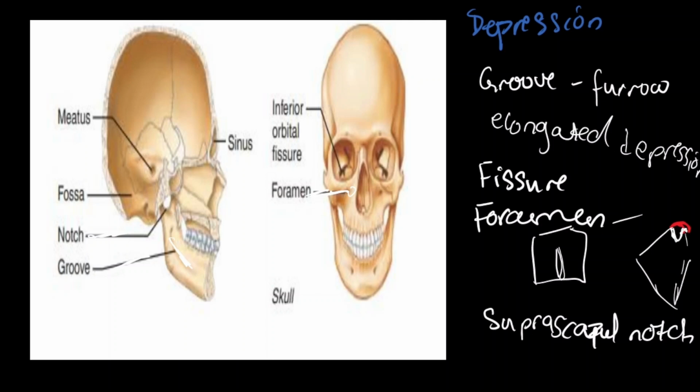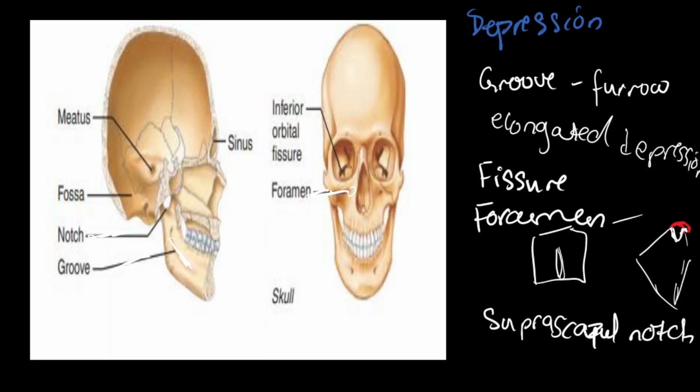There are other depressions apart from the groove, the fissure, the foramen, and the notch. We have the meatus. The meatus is a canal-like passageway. Now notice that these terms are not in any way overlapping. A fissure is slit-like, a foramen is oval, a notch is an indentation at the edge.